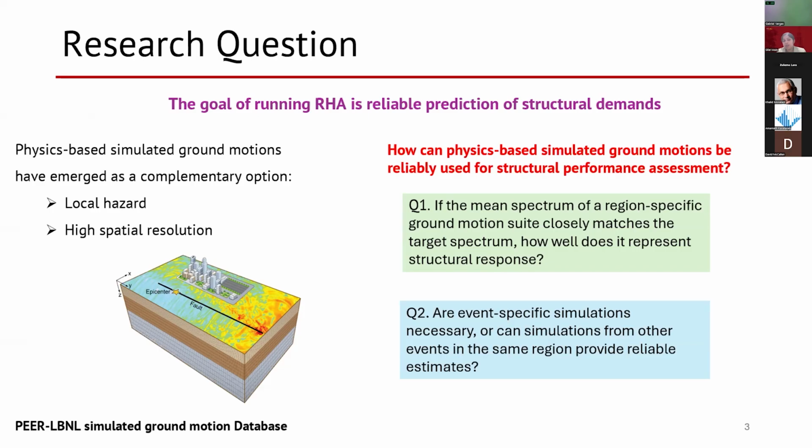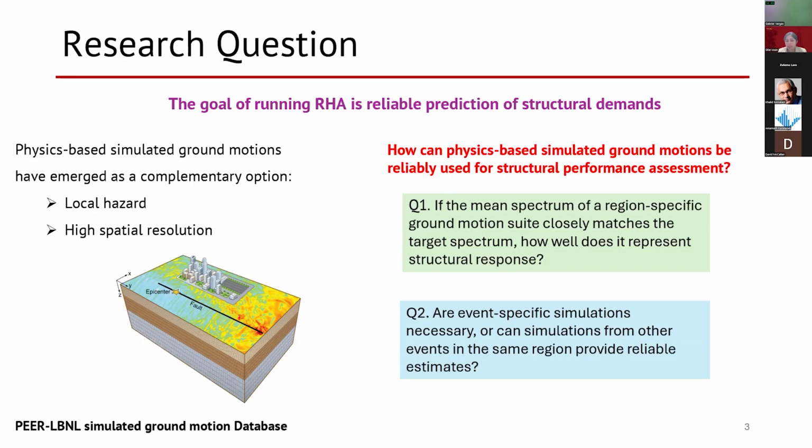And we divided it into two sub-questions. One is: can we generate suites that closely match a target spectrum using this SGMD?